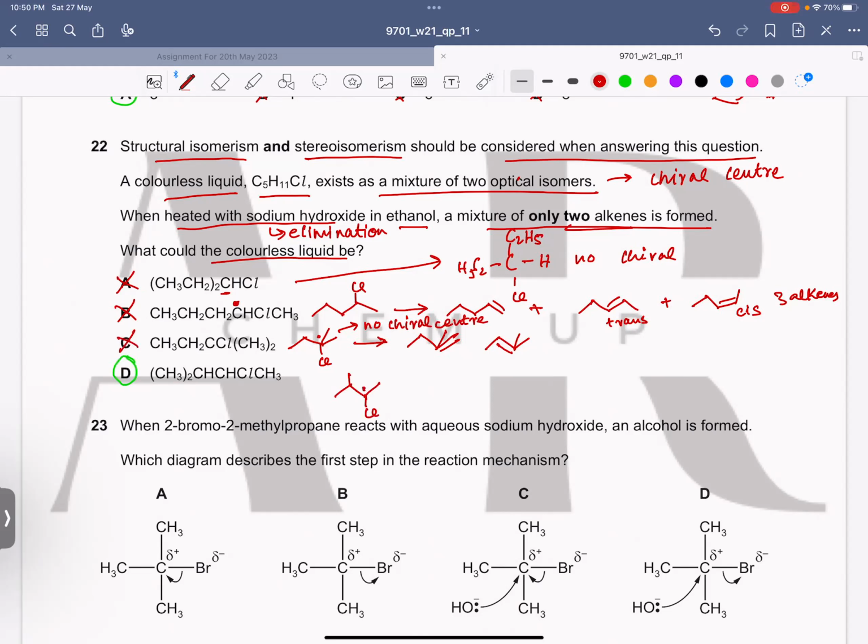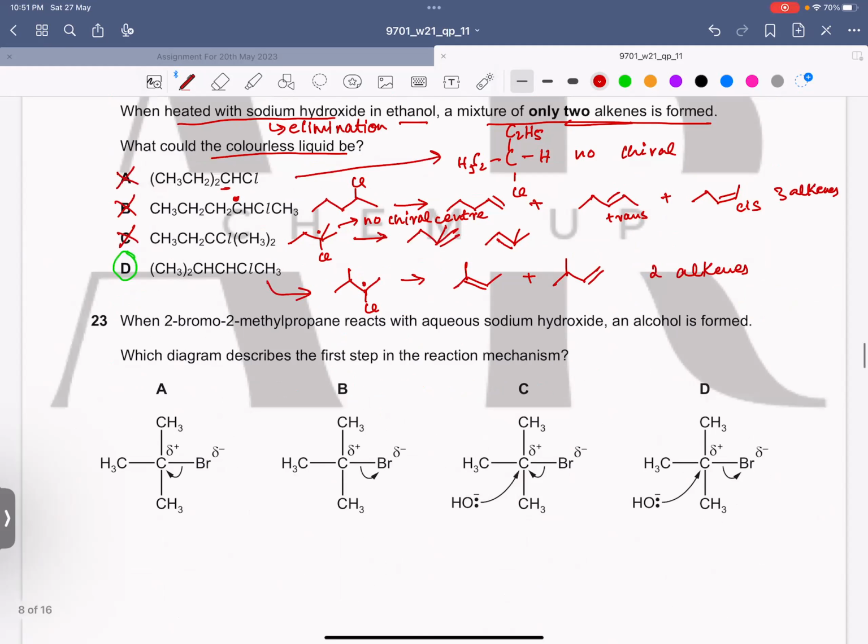So this one is a chiral center, and one possibility is the alkene over here, and the other possibility is the alkene over here. So there is a chiral center, and we are getting two alkenes. That's why your D option is the correct option.